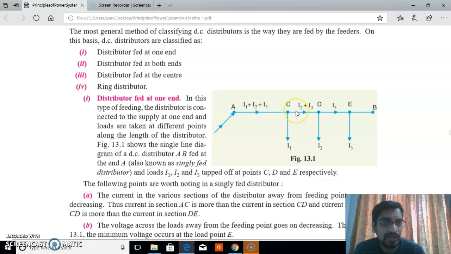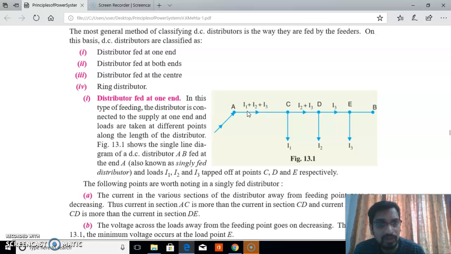Similarly, the voltage at D equals voltage at C minus voltage drop along the section CD. VE, the voltage at E, equals voltage at D minus voltage drop along the section DE.